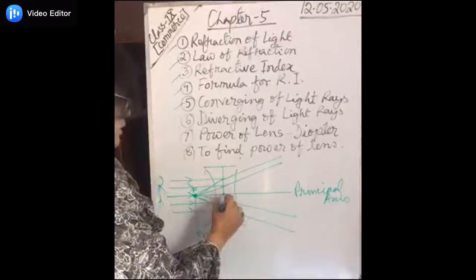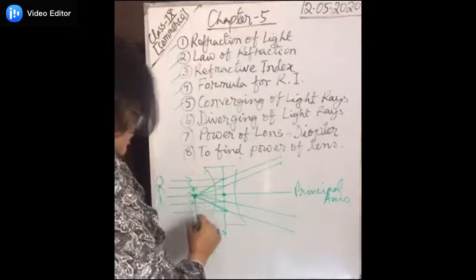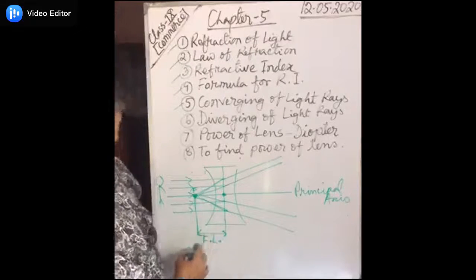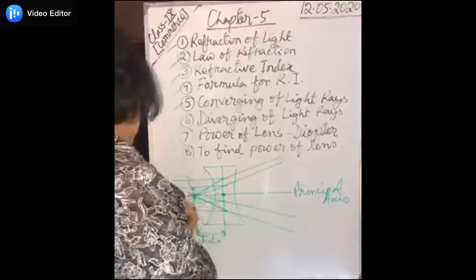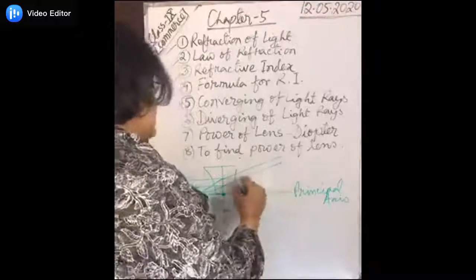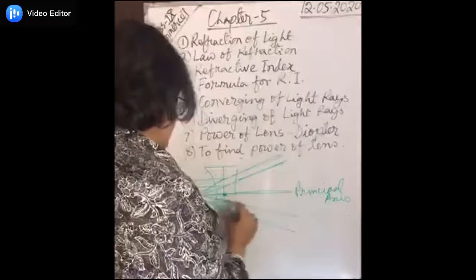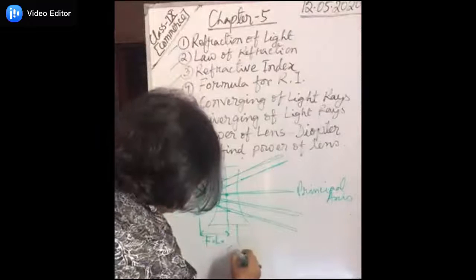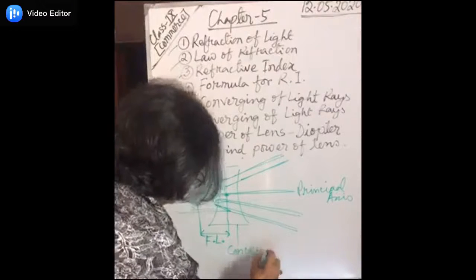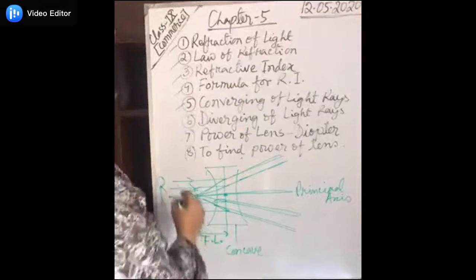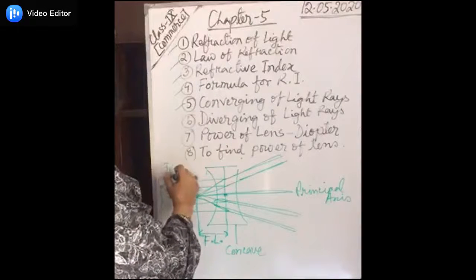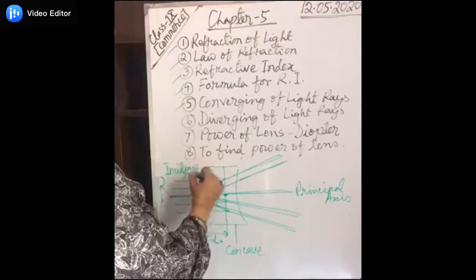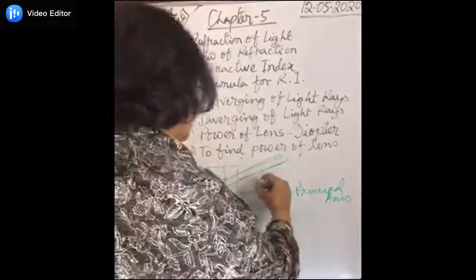Clear? The distance from the optical point to the focal point is called the focal length. This is called the principal axis. These are diverging rays through which kind of lens? This is a concave lens. Clear? These are the incident rays, and these are the refracted rays.